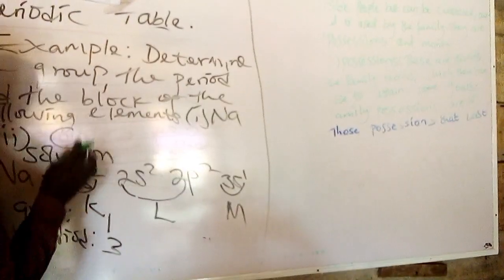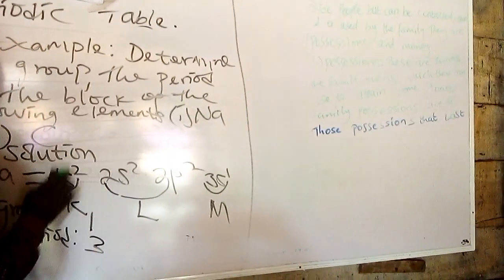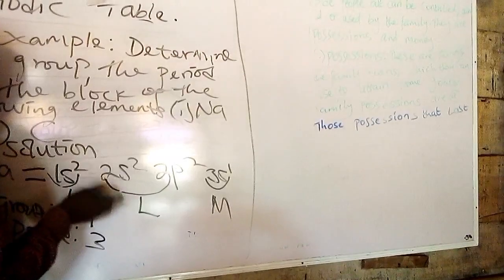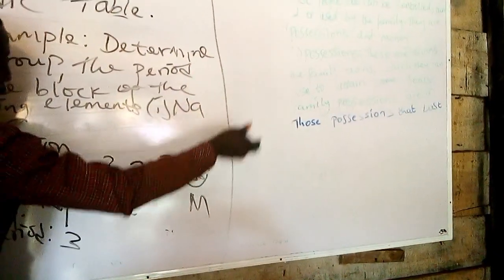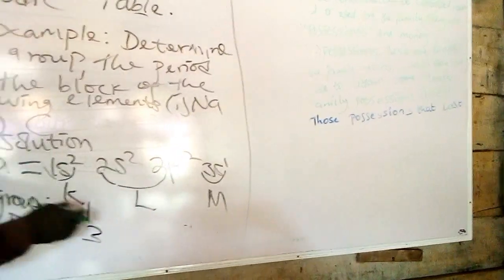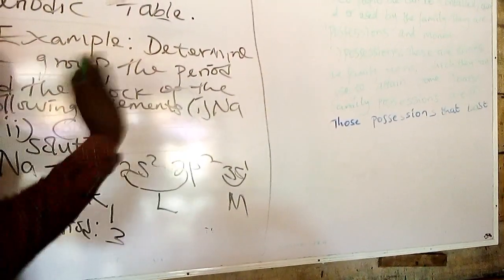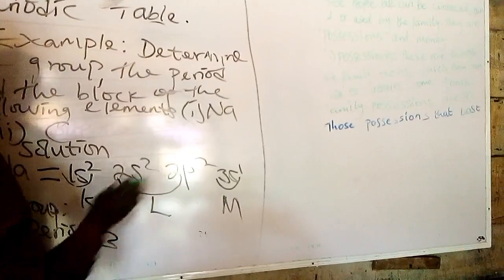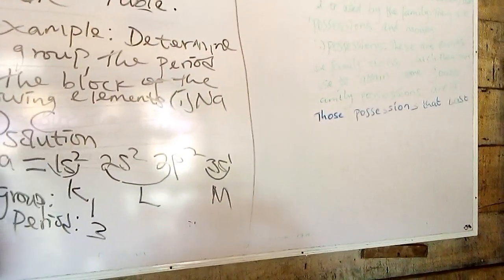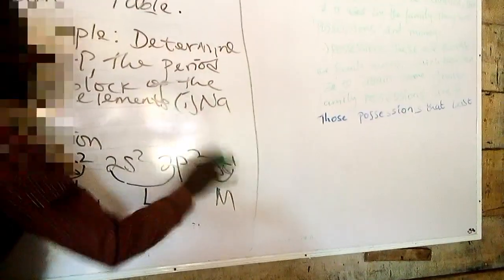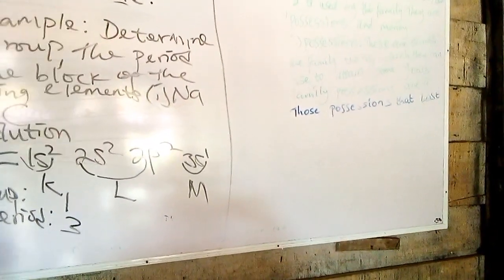But if there were 1s, 2s, 2p, 3s, 3p and 4s, it would be period 4, because of the 4s orbital. But because this one has just 1, 2, 3, it belongs to period 3.